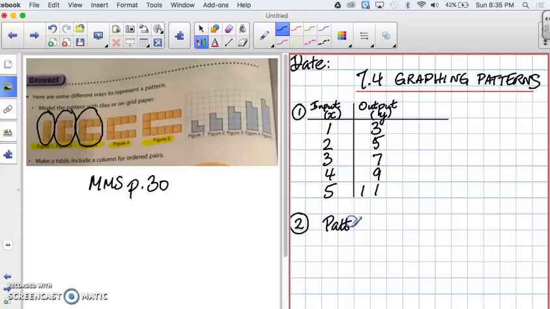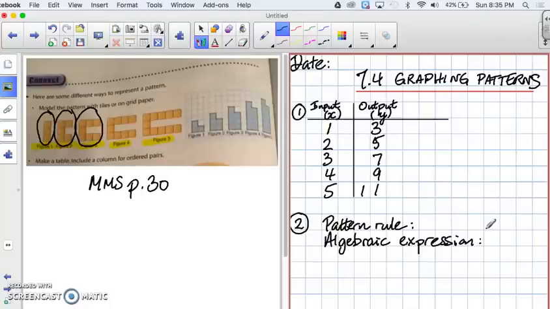And then I am also going to ask you to turn that into an algebraic expression. Remember, an algebraic expression has no equal sign. It's a combination of variables, so you can choose any variable that you want to, along with operations such as multiplication, division, addition, and subtraction.